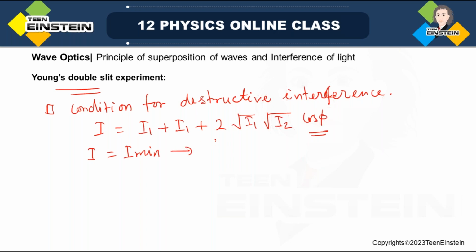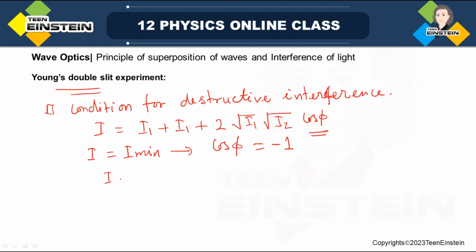when cos phi is equal to -1. Intensity is minimum only when cos phi is equal to -1.